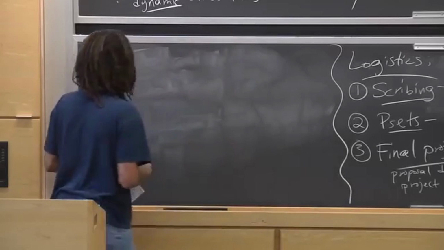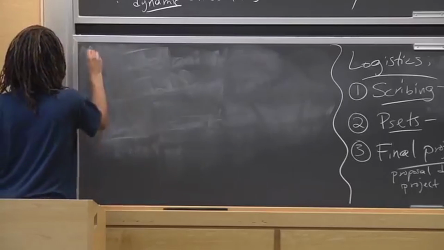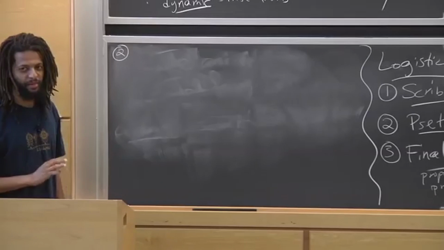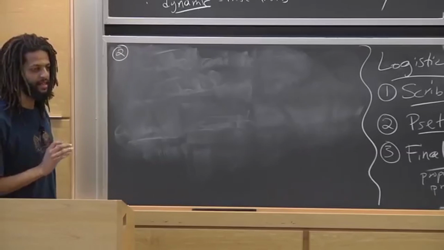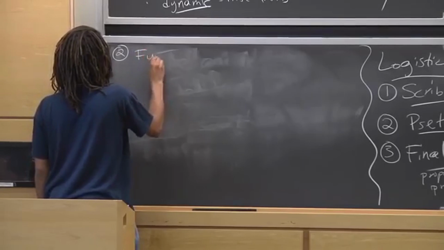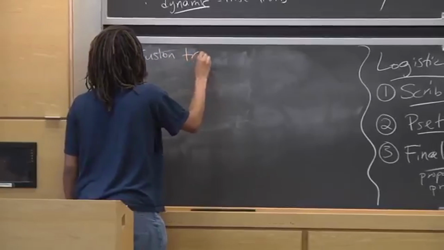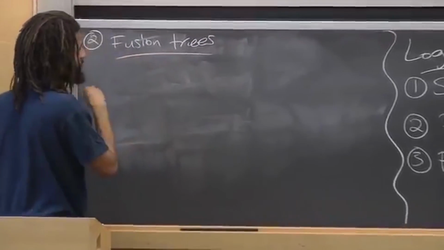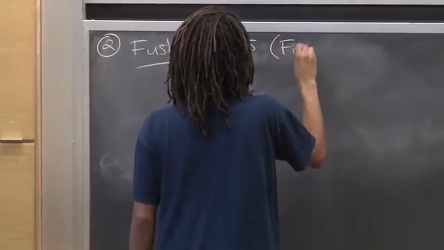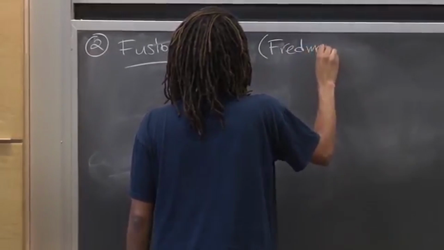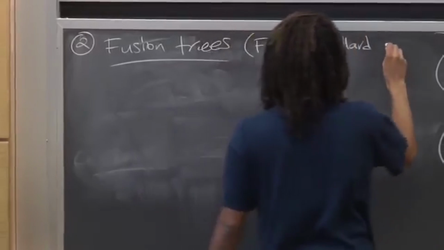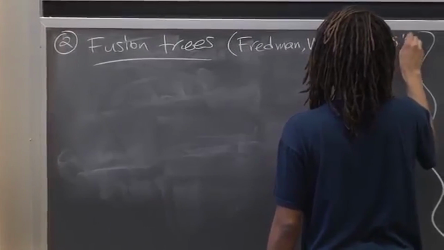And the second data structure we're going to see is the one that can be made dynamic, but I'm only going to present the static version in class. Otherwise, it gets too complicated. These are fusion trees, and this is due to Fredman and Willard, I believe in JCSS 93.